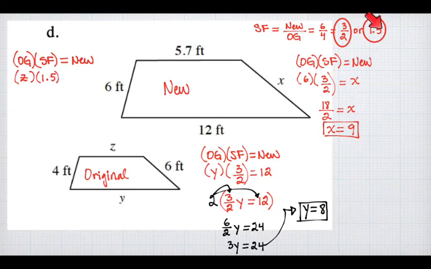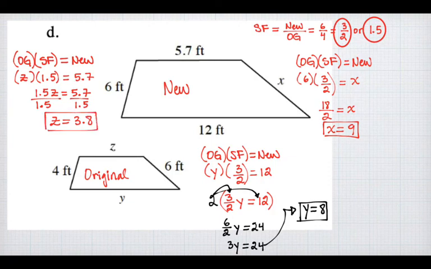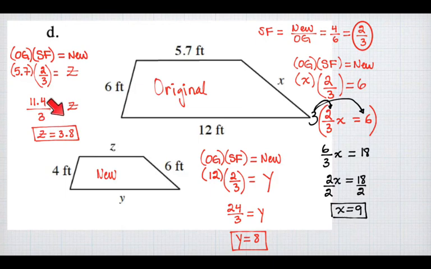I'm using the decimal version of it because 5.7 is a decimal. Equals 5.7. So now I have 1.5z equals 5.7. I divide both sides by 1.5. And if you have your calculator, z is still equal to 3.8. And just like last time, z is still 3.8.